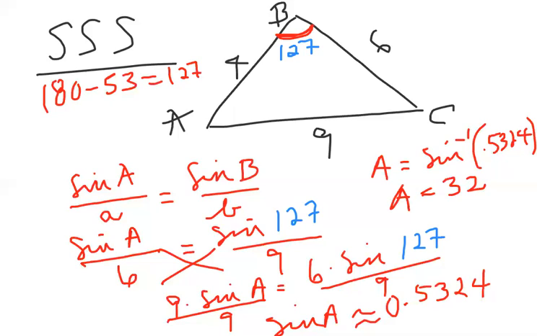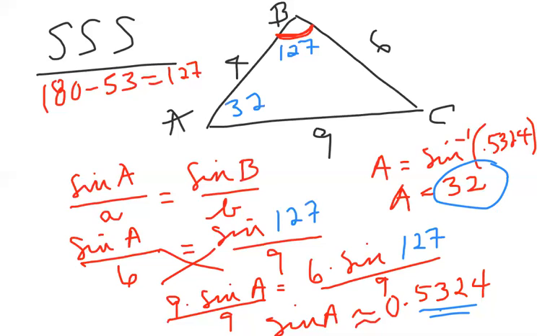Since this is 127, 6 times sine of 127 over 9 is going to come out to be this value, 0.5324, and we take its inverse, it does become a measure of 32. So angle A is still 32.